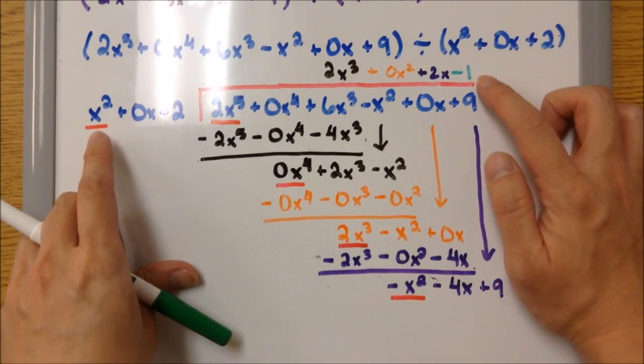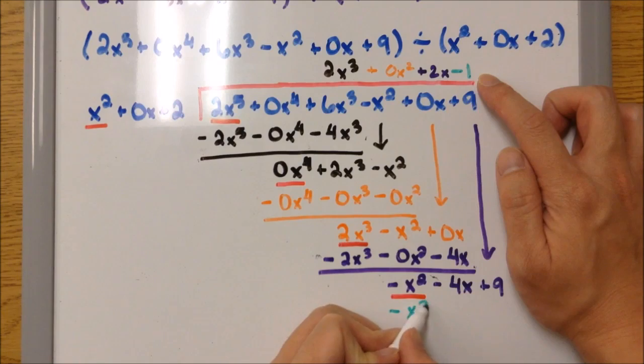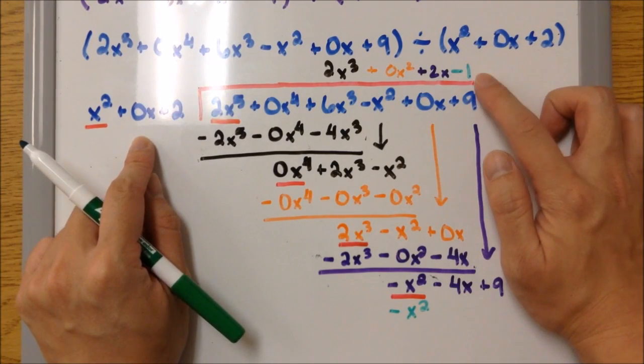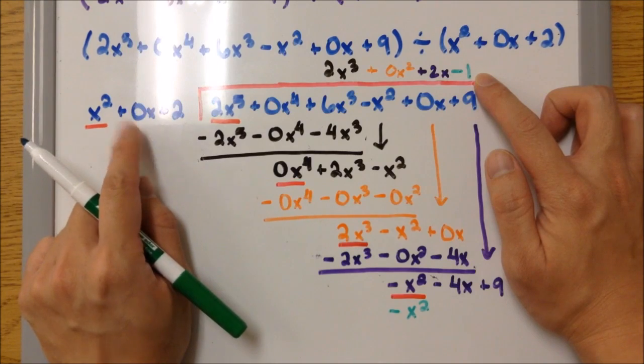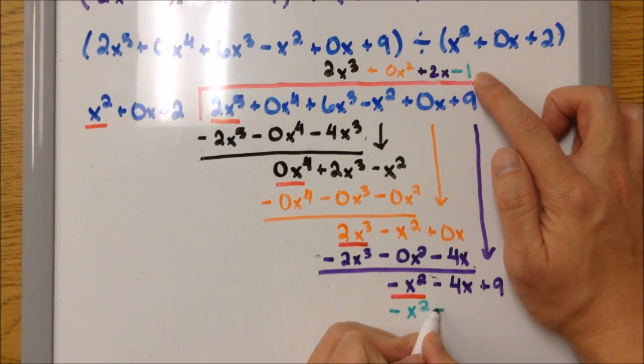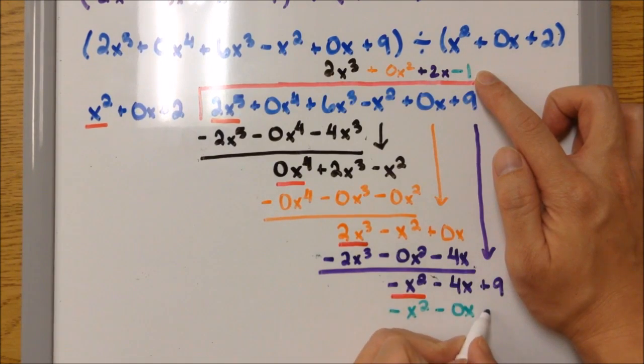So negative 1 times x squared becomes negative x squared. Negative 1 times 0x is just minus 0x. And then negative 1 times 2 will be negative 2. So I'm going to write negative 2 here.